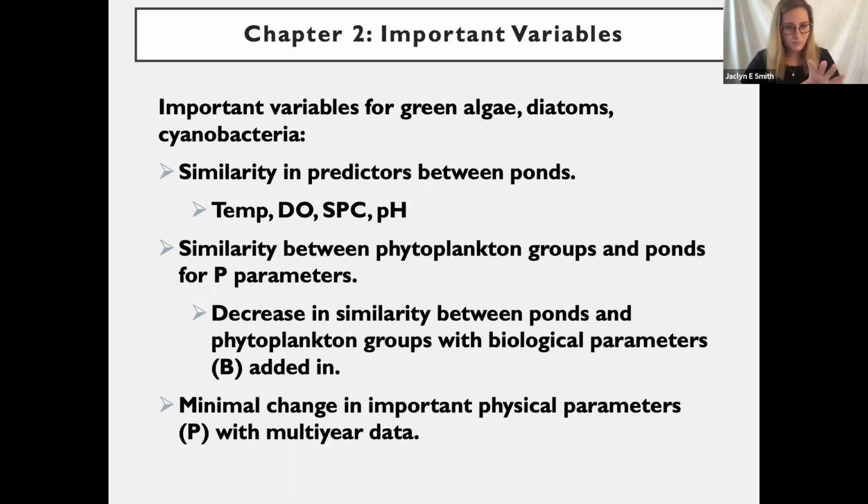So these 4 specific ones kept showing up as the top or most important predictors between both ponds and all the groups that were run. There was a decrease in similarity between the ponds and the phytoplankton groups once those biological parameters were added in, however, there was pretty minimal change. Again, same thing with the accuracy: there was minimal change once we added in the multi-year data, and that was with the physical parameters only.